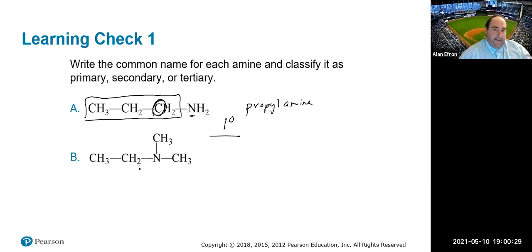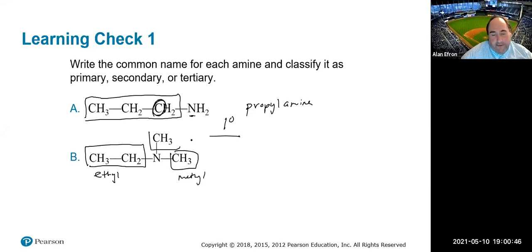This one is, I think, the same one that we just looked at. I think on the last page, it looks the same. But just to make sure, if we go around the nitrogen and box off our groups, that's an ethyl group, that is a methyl group, and that is also a methyl group. I believe it is the same one as we just saw.